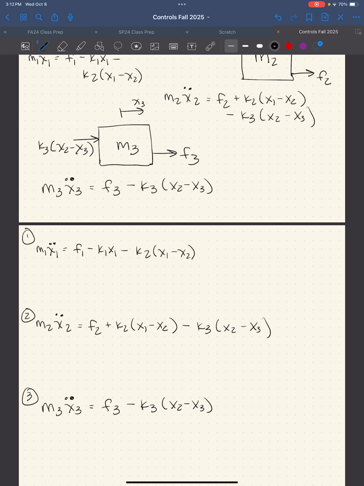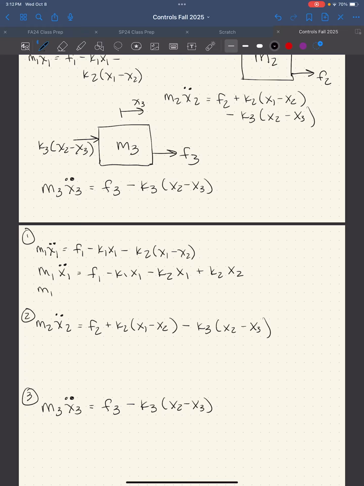So for this first equation, I'm going to say m1 x1 double dot equals F1 minus k1 x1. I'm going to distribute this k2 term. And now I'm going to regroup so that I have a single constant multiplying x1.